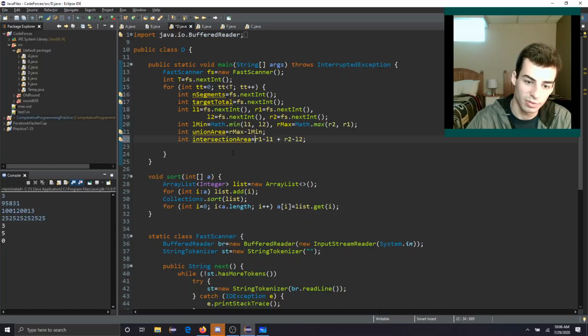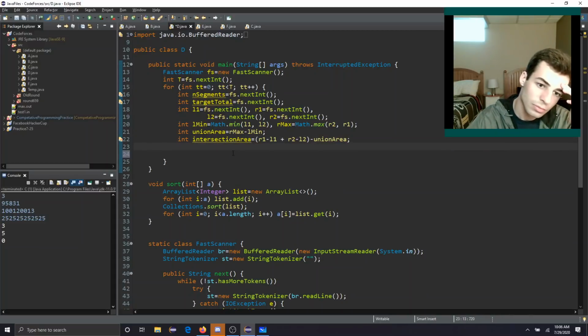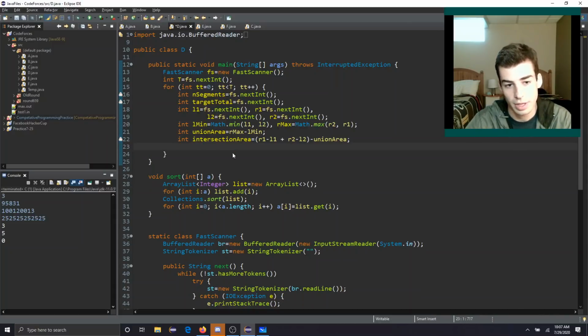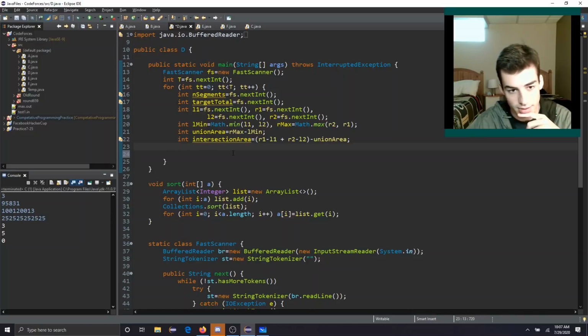So these are the sum of lengths. We want the sum of lengths minus the union area. So if this is negative, it's the distance. If it's positive, it's their actual intersection.